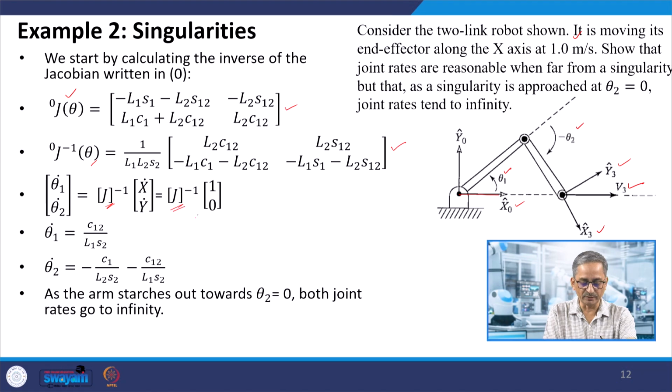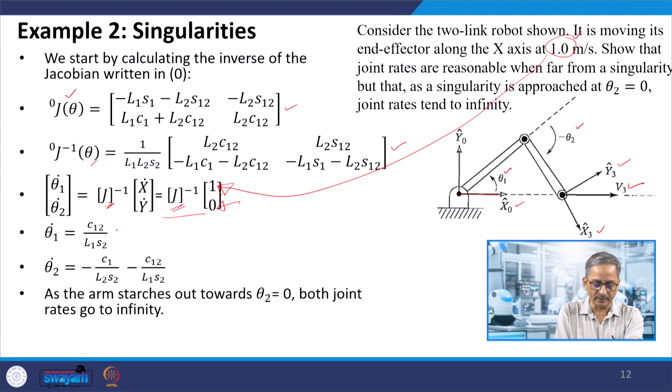So this is J inverse, and this is 1 meter per second, which I put over here, and in the y direction the velocity is 0. If I multiply this, I get the values of theta 1 dot and theta 2 dot.